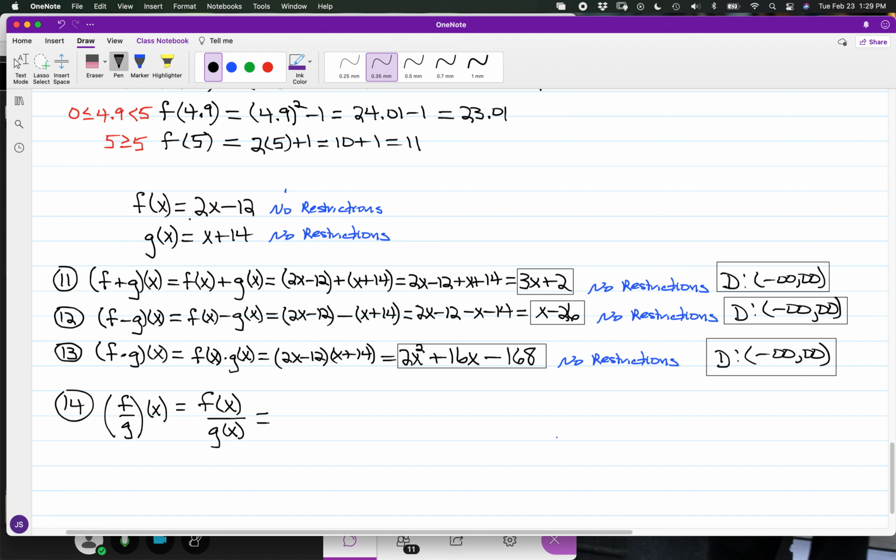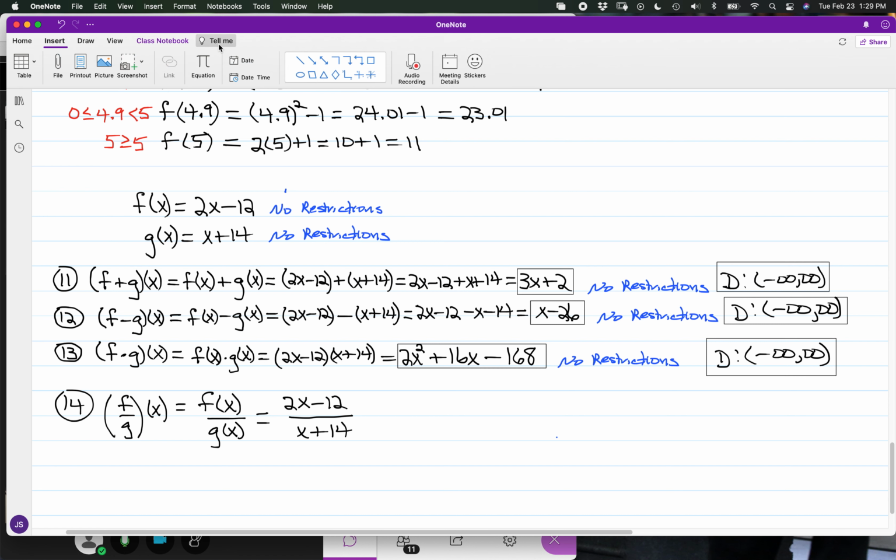And just specifying, so f of x, okay, we have a 2x minus 12. And g of x, okay, we have an x plus 14.